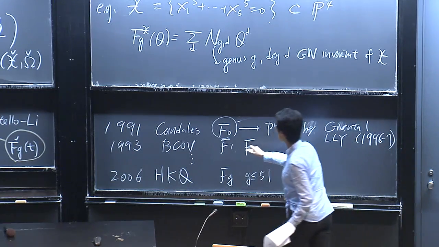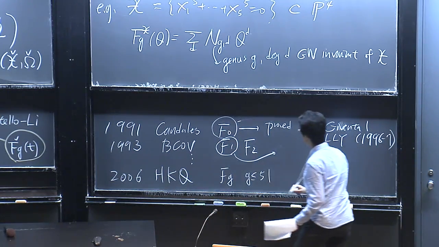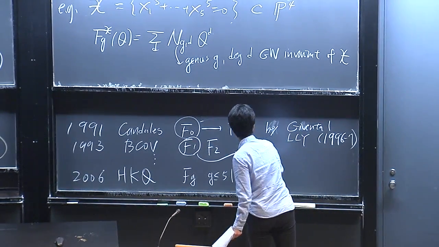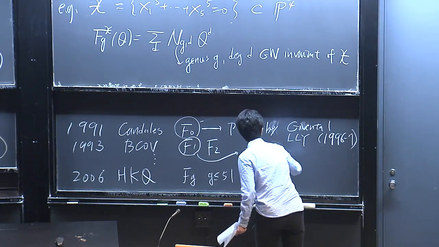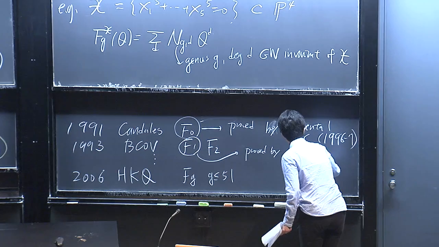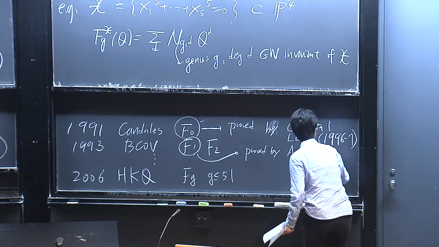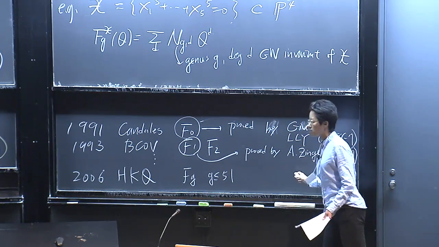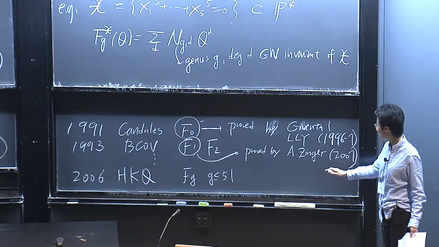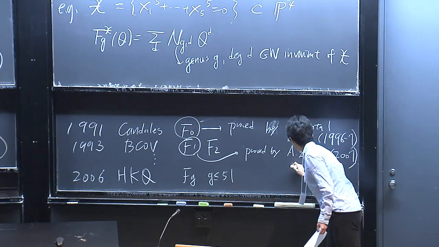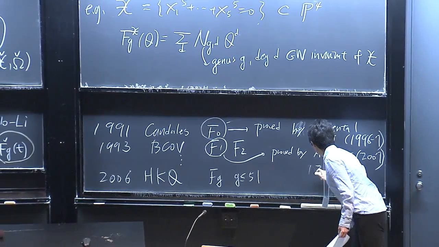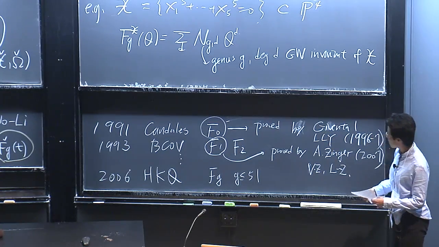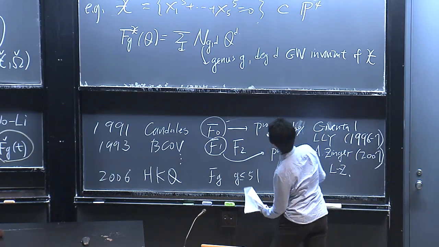About 10 years later, the BCOV conjecture, the genus 1 mirror formula, was proved by Alexander Zinger, but this relies on early work on reduced genus 1 Gromov-Witten theory developed by Zinger and Li-Zinger.